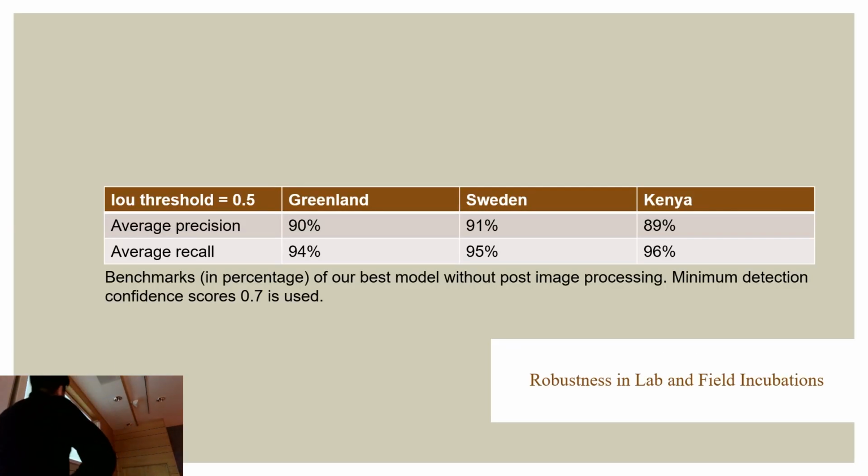And then after the training, we actually got pretty good results. You can see even with the image from Kenya, it's not far from the image we got in the lab here. So we are very happy. And the most important thing is the consistent result from deep learning, compared with manual counting.